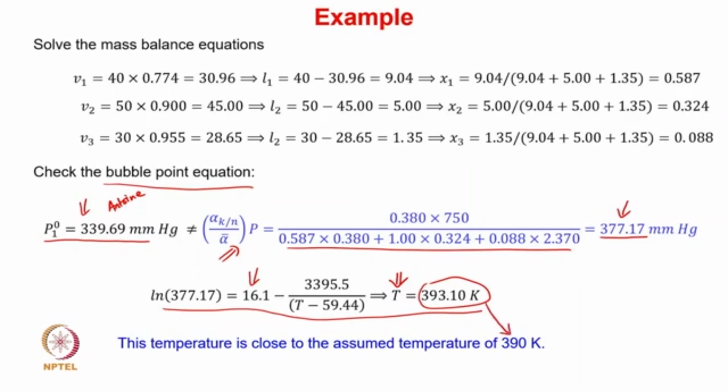So clearly the split fractions we have obtained with respect to vapor are indeed satisfying the equilibrium, because the temperature is more or less matching. This is how we reconcile the split fraction values with the equilibrium relation.